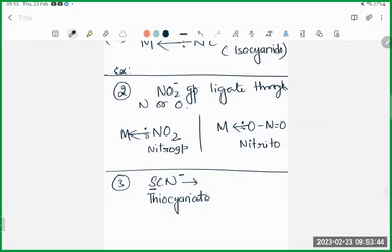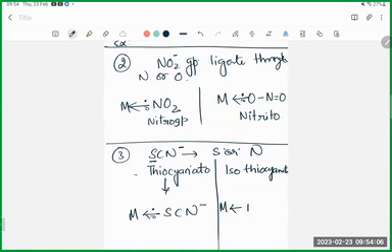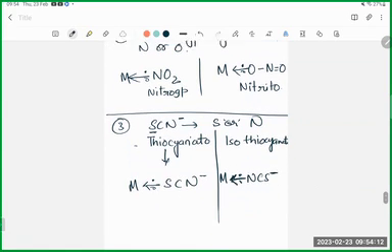So this ligates through sulfur and nitrogen. It will be called thiocyanato when sulfur ligates to the metal atom, and it will be called isothiocyanato when nitrogen is ligating to the metal atom. Is it clear now?